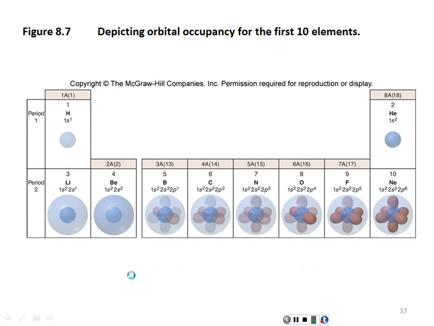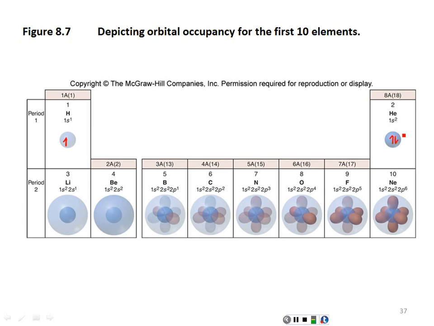Now we can depict the orbital occupancy of atoms using the actual orbital shapes, and that's shown in figure 8.7 in your text. Just to remind you what shapes the s and the p orbitals actually have. We see the 1 electron in hydrogen.